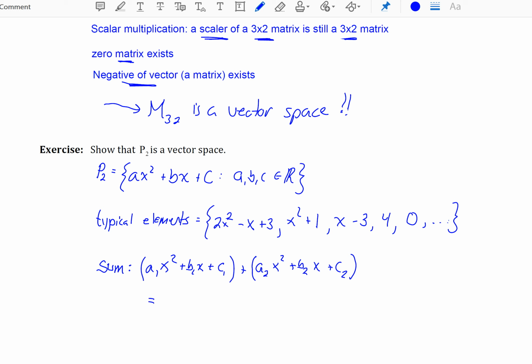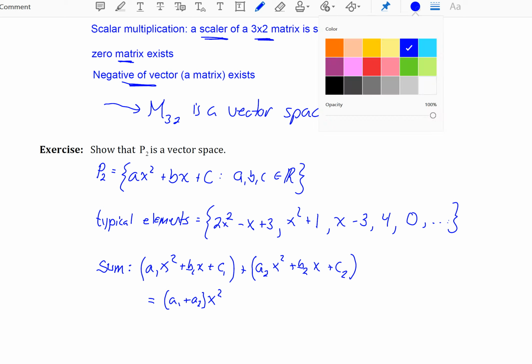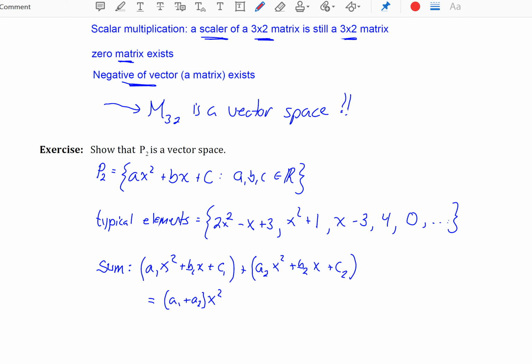Of course, if we add two polynomials, we always add similar terms. So we would have A1 plus A2 times x squared. Here I'm just combining similar terms, so combining the x squared terms together. And now I'll combine the x terms together.